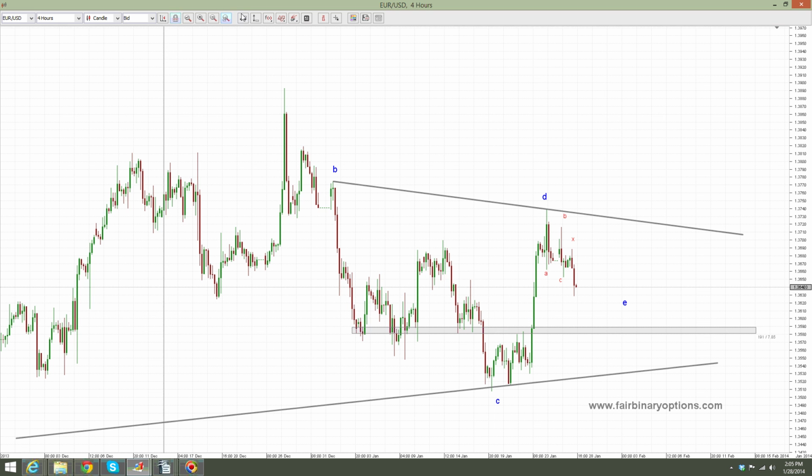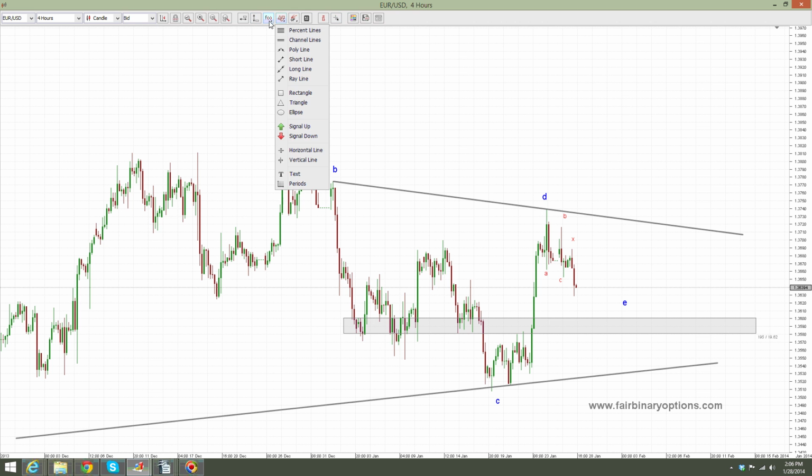It is also a psychological level. So between 136 and 135.90, I would like to buy call options with end of week expiration date.